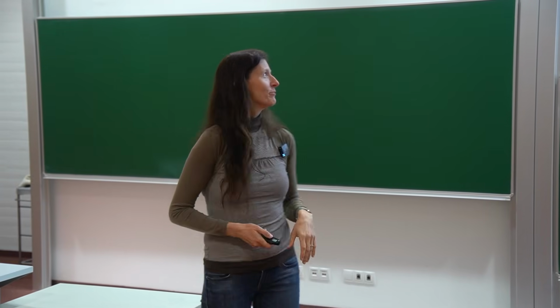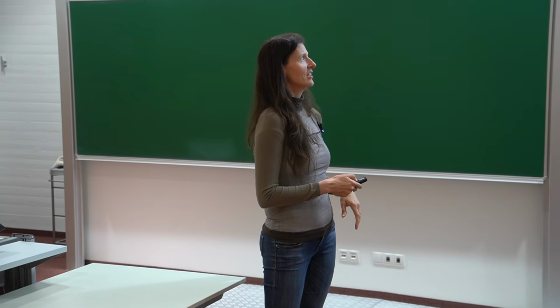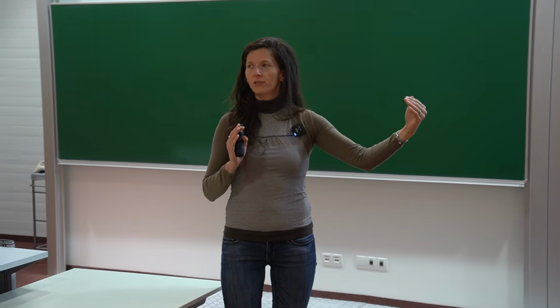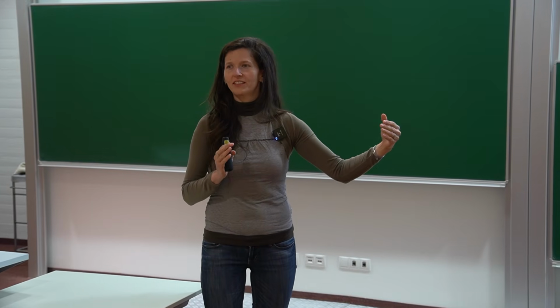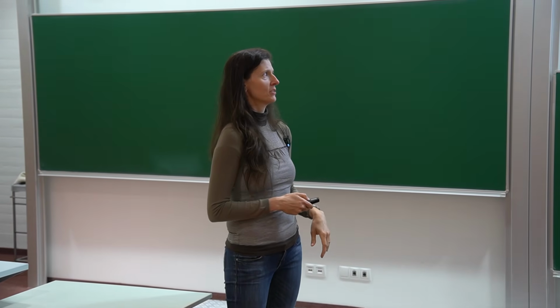So we can make some simplification, and we will say we only discuss the energies that are so far away from the Fermi energy that it's much greater than kT. So Boltzmann constant times temperature.